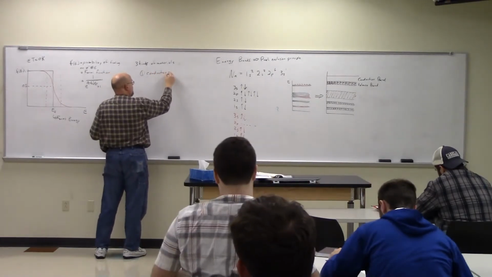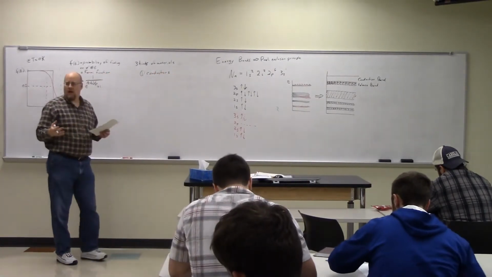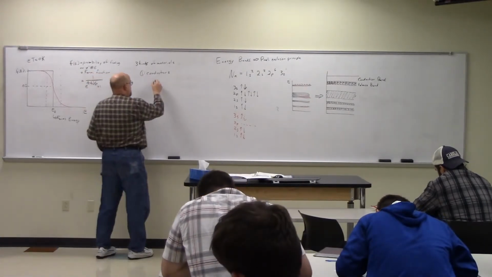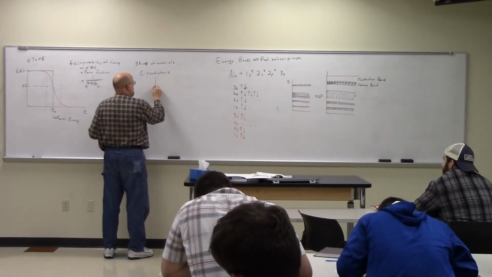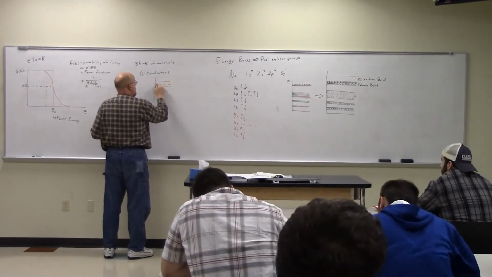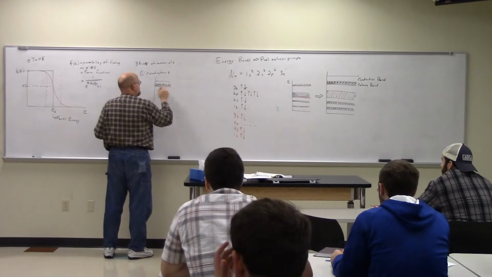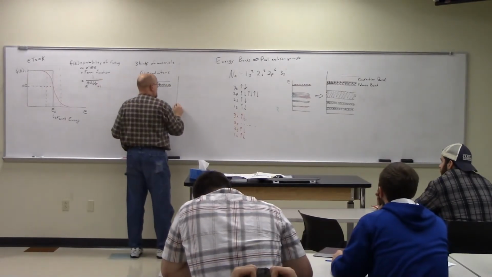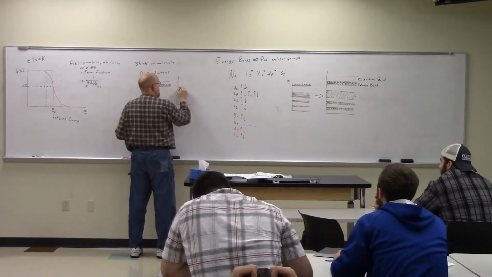We talked about conductors, and they have a high conductivity, 10 to the 7th-ish. From an energy standpoint, a conductor is either this or this.